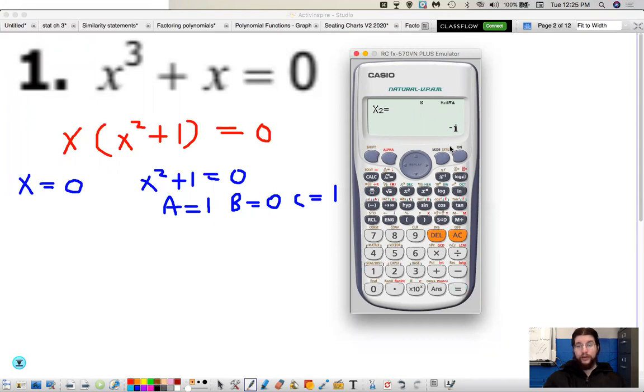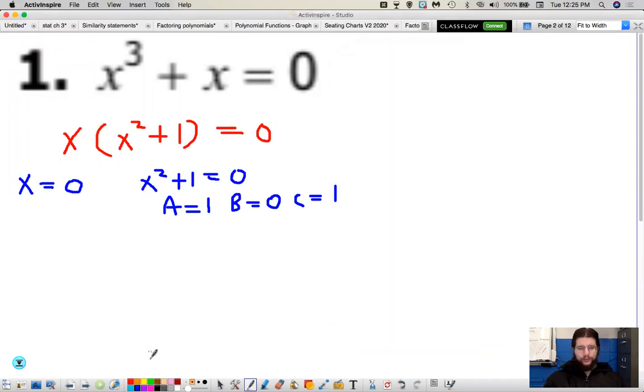Okay, so if you have the Casio fx-115ES Plus, that's the way to go. If you don't, since B is 0, we can use the square root method, only because B is 0 though. So solve for x squared equals negative 1. Take the square root of both sides.